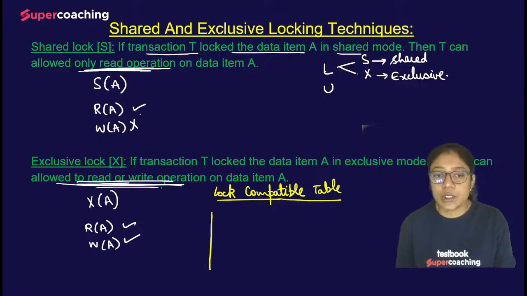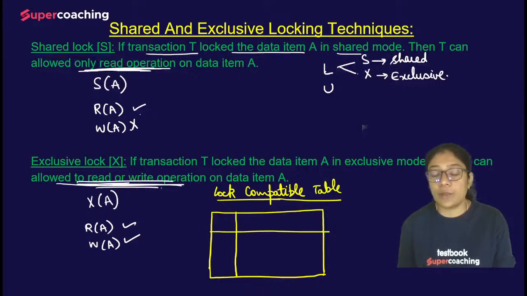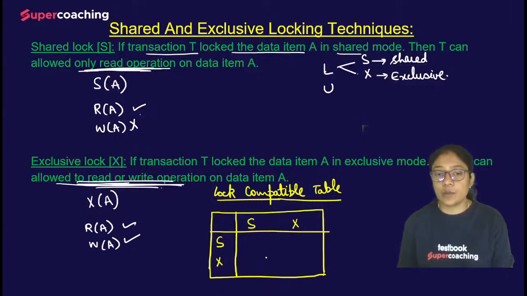One transaction has already acquired some lock and another transaction is requesting for a lock. So we need to check which lock will be assigned and which will not be assigned. One transaction has already put a shared lock and another transaction is requesting for the shared lock. One transaction has put a shared lock, the other is requesting for the exclusive lock. Exclusive lock. These are the possibilities.